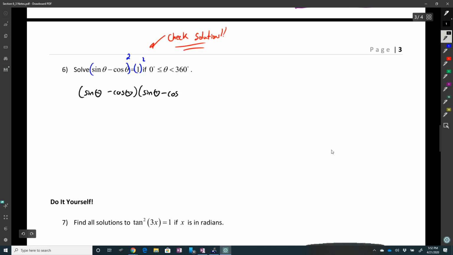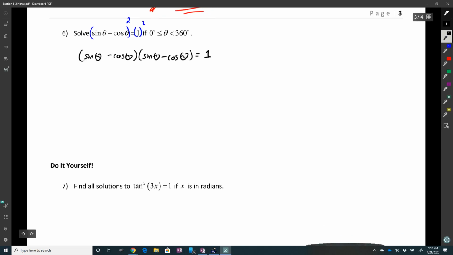Okay? So if I square both sides, I end up with sine theta minus cosine theta times sine theta minus cosine theta is equal to 1. And we FOIL it out, so I get sine squared theta minus 2 sine theta cosine theta plus cosine squared theta equals 1.